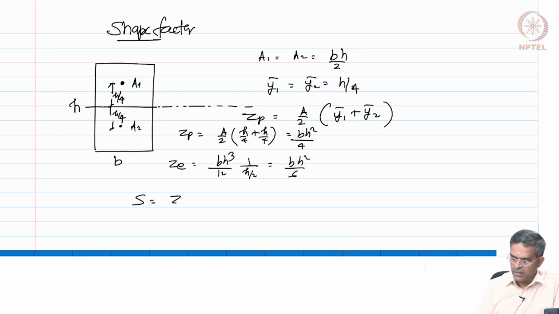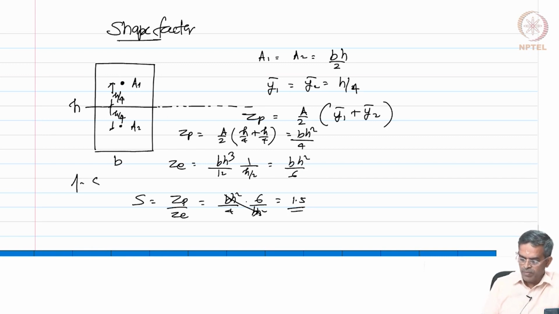So, shape factor as we know is ZP by ZE, which is B H square by 4 over B H square by 6, which becomes 1.5. So, shape factor for rectangle is 1.5.